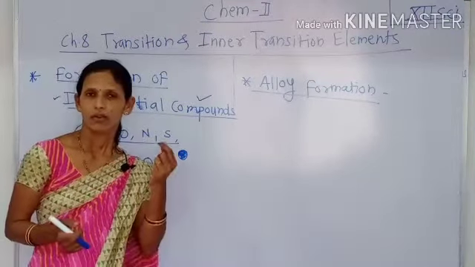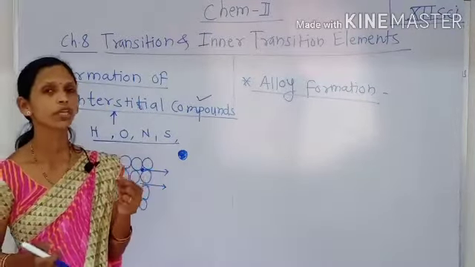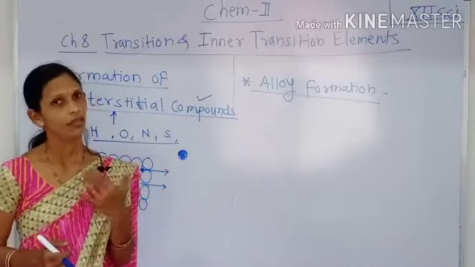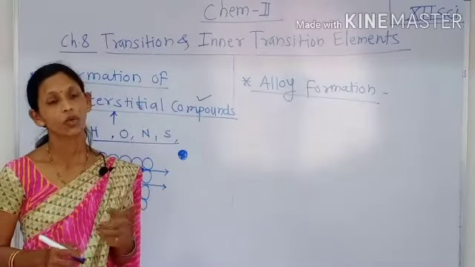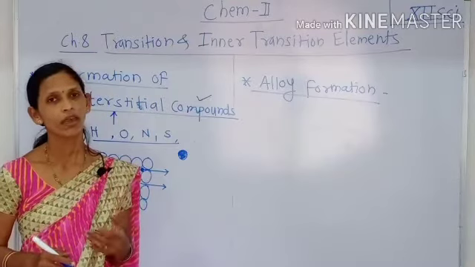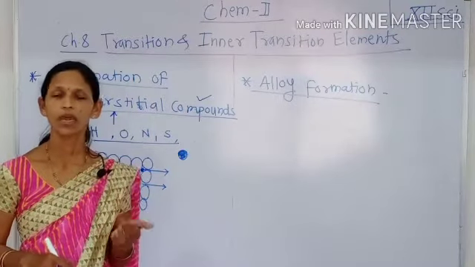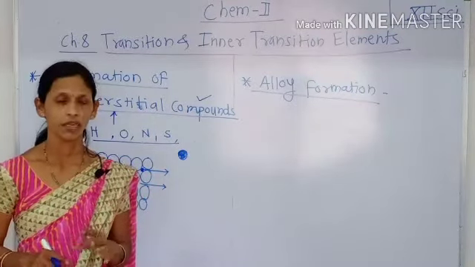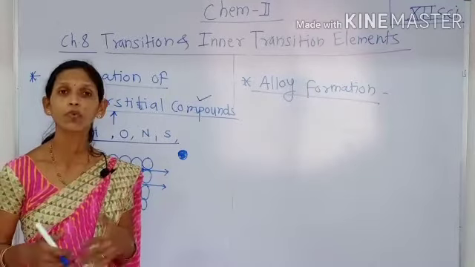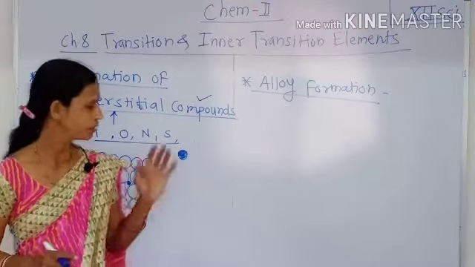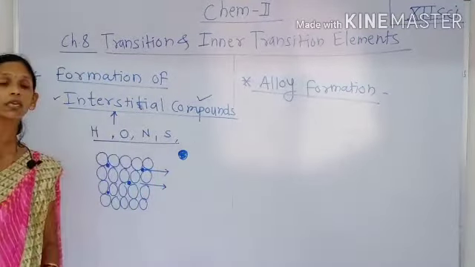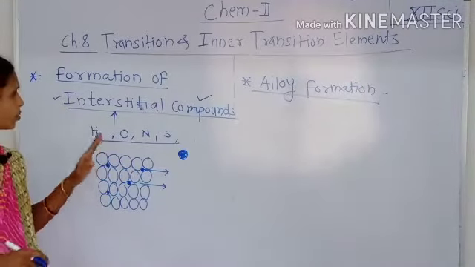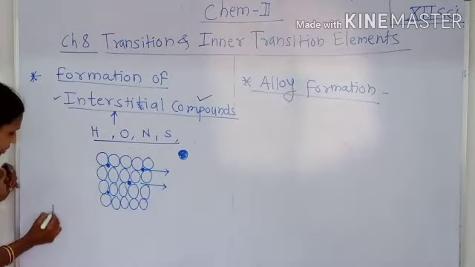That means when interstitial compounds are formed, these transition metals lose their malleability and ductility. Malleability and ductility decrease and these compounds become harder. Then we will discuss the properties of interstitial compounds.